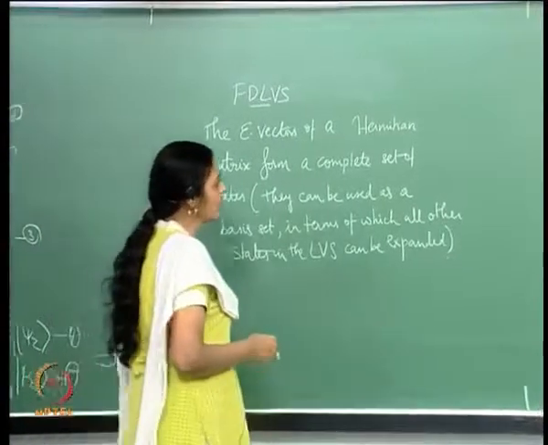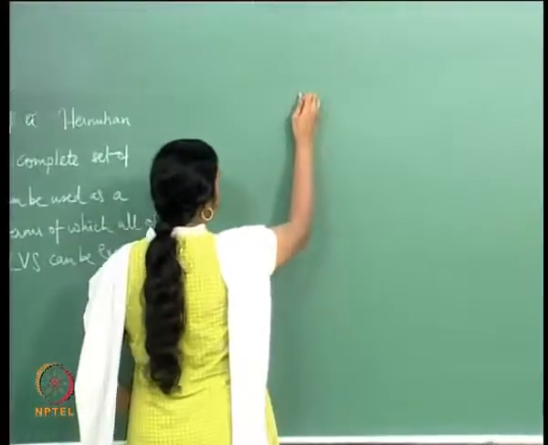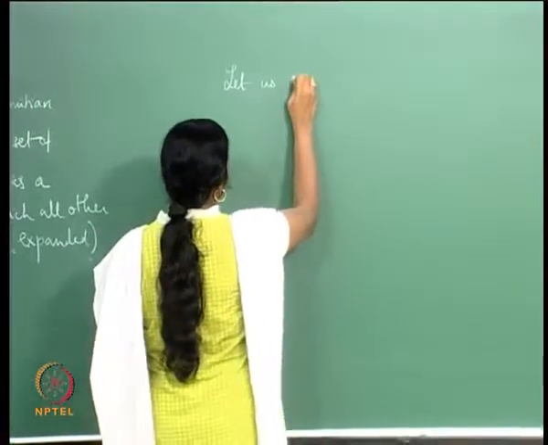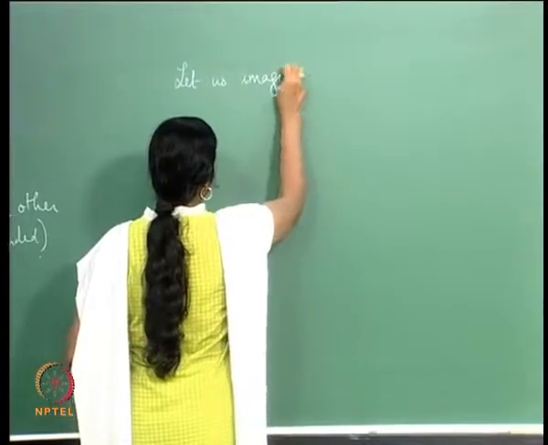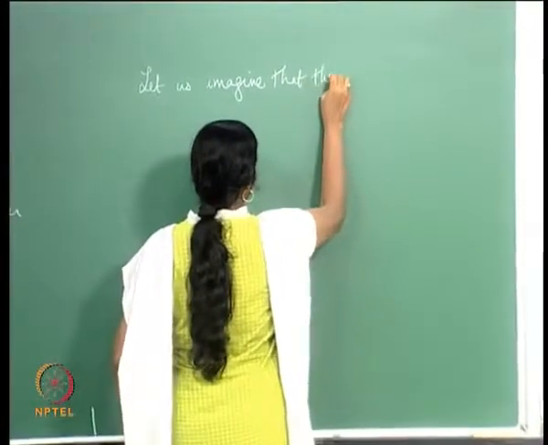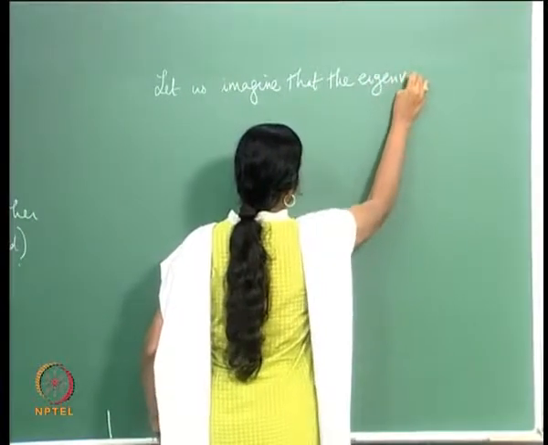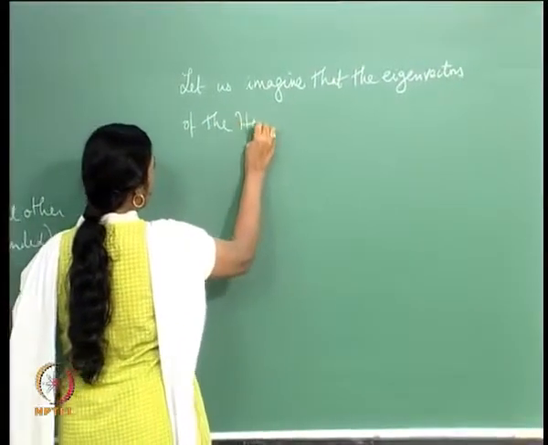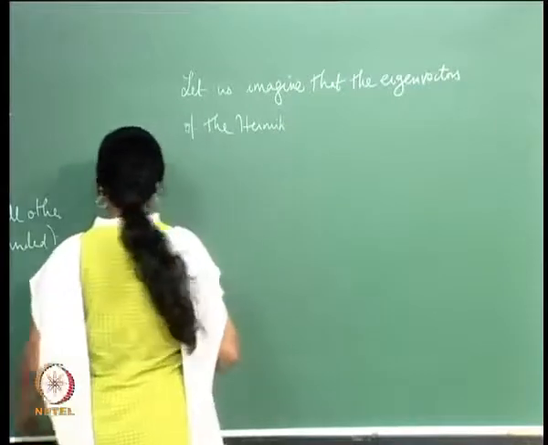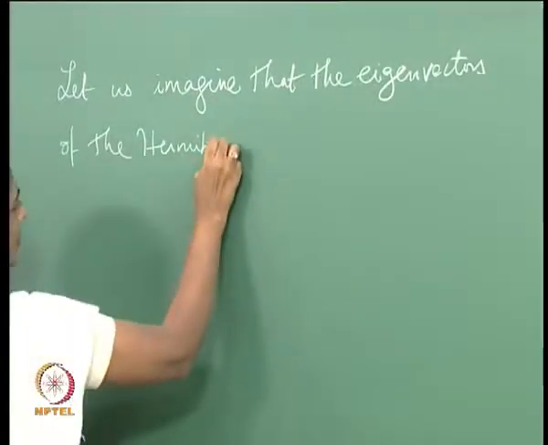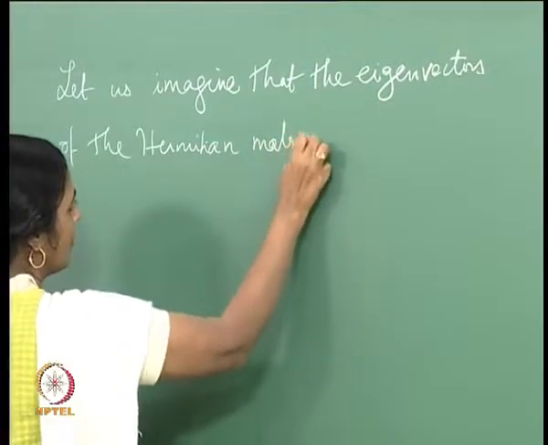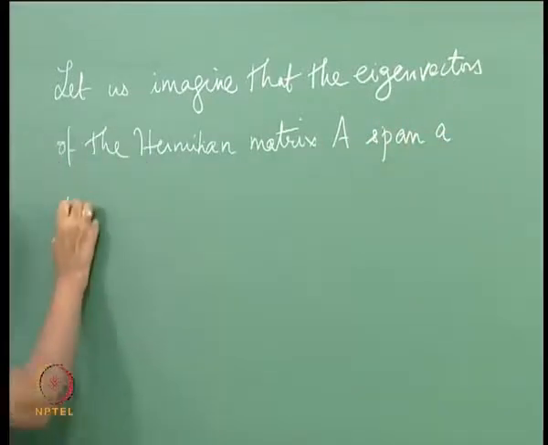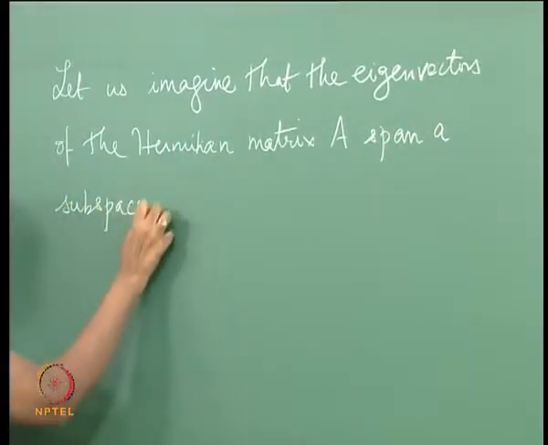To prove this, I do the following. Let us imagine that the eigenvectors of the Hermitian matrix A span a subspace M of the linear vector space.